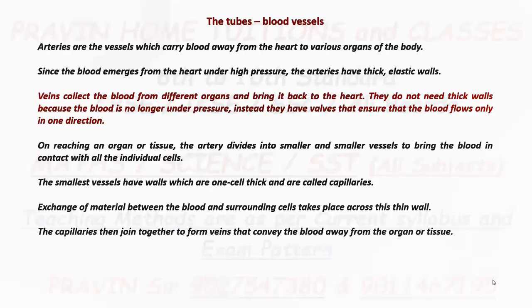Deoxygenated blood from all the organs is collected by veins, and veins supply this deoxygenated blood to the heart. As deoxygenated blood has normal pressure, veins don't require thick walls; they have thin walls.